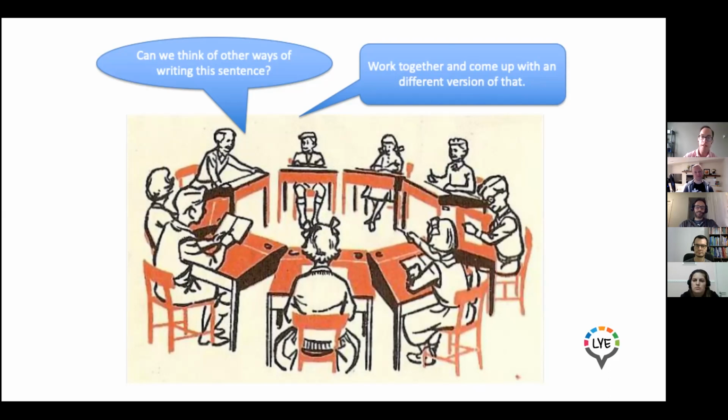We need to think about the types of communities our students want to enter and use English to join, and then guide them towards discovering what features of language they should adhere to, both on a grammatical and a socio-cultural level.